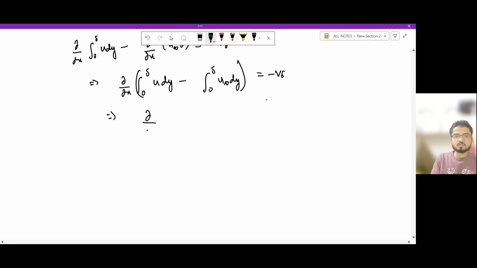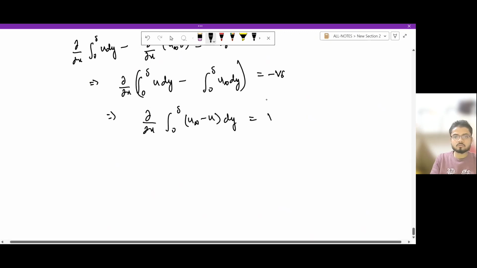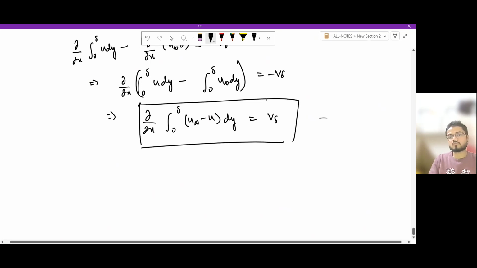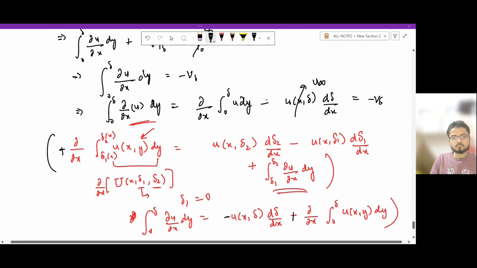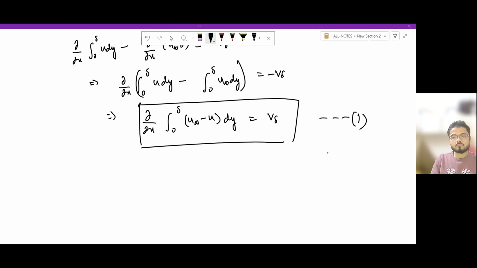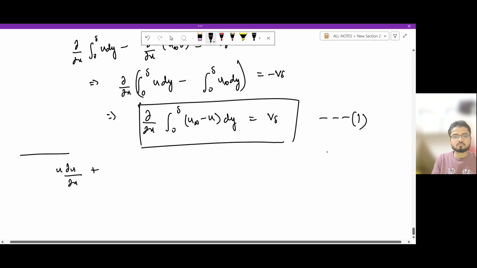And this becomes del over del x integral 0 to delta of u infinity minus u times dy equal to v delta. So this is the first core equation of our study, where we are relating delta with u and u infinity. Next, let us pick up the momentum equation.